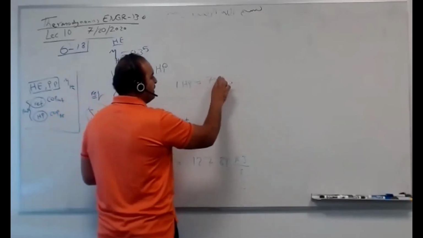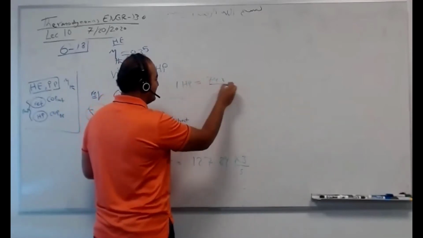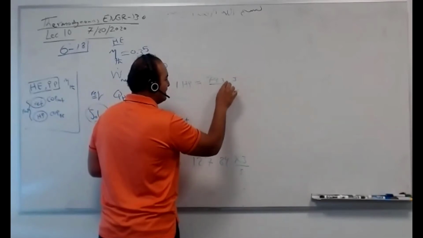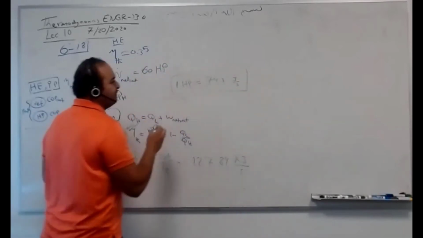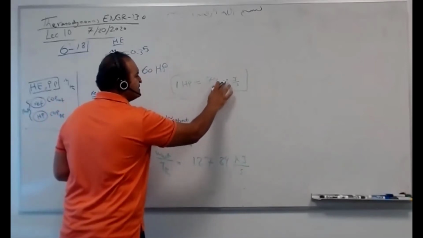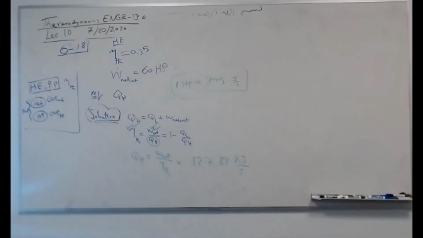I think 743, because my phone number's last 4 digits are kind of this. That's why I remember it. So this is joule per second, the conversion from horsepower. I think 5 or 3, I don't remember, so one of these.